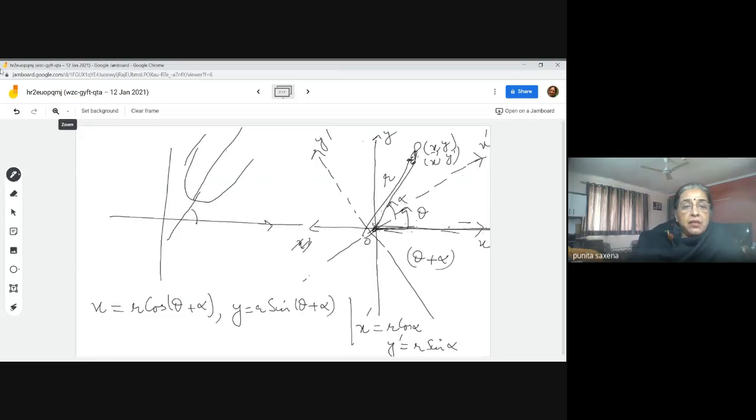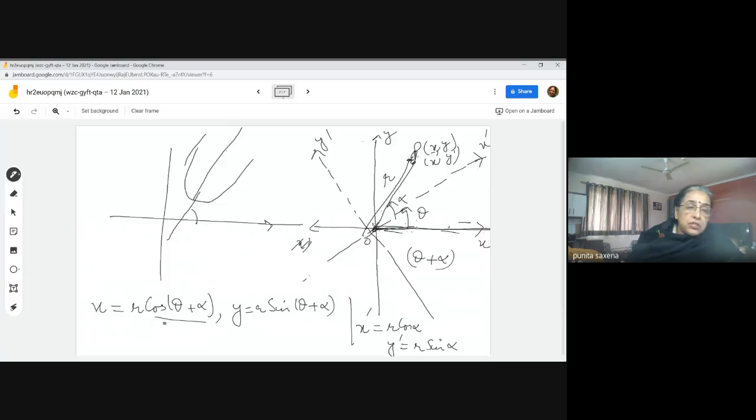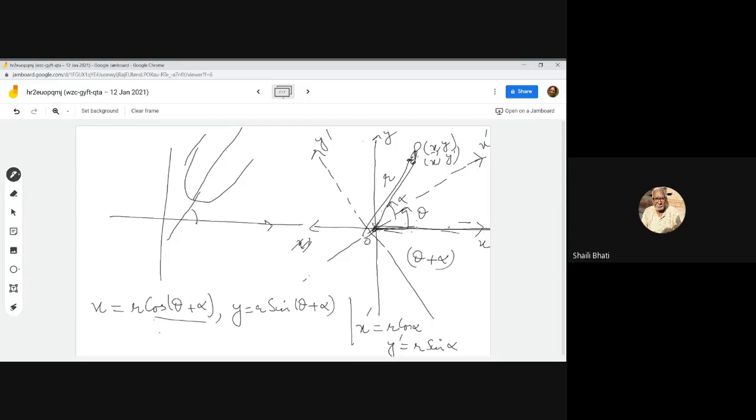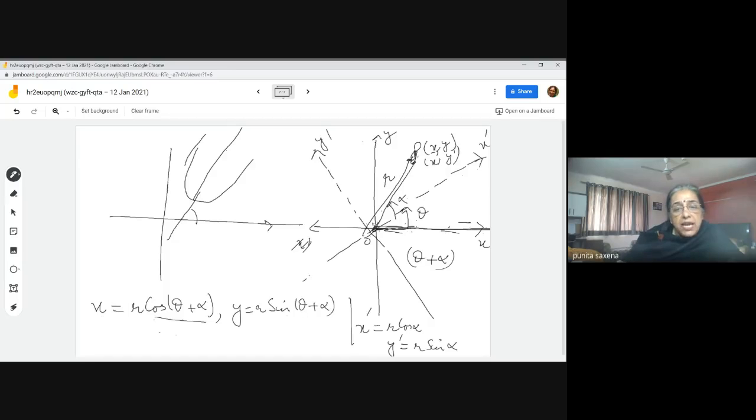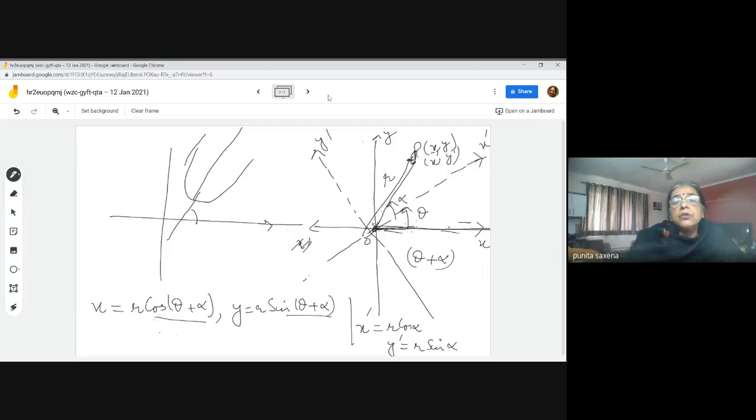Now, can you use your trigonometry knowledge here in the sense that cos of theta plus alpha can be split? Yes, ma'am. It will be what? Cos theta cos alpha minus sin theta sin alpha. Right. Similarly, sin theta plus alpha can be further simplified as sin theta cos alpha plus cos theta sin alpha. Okay. So now we write it again.